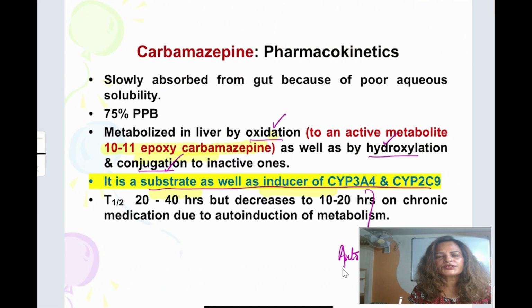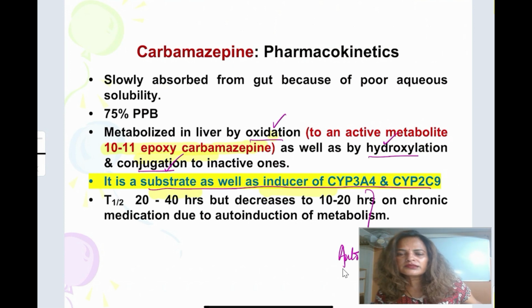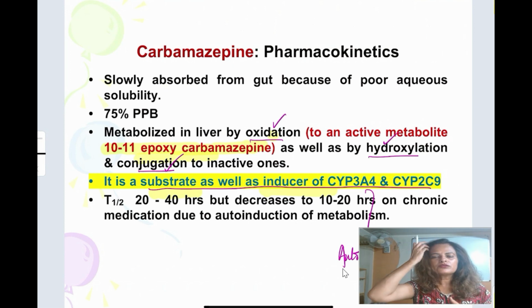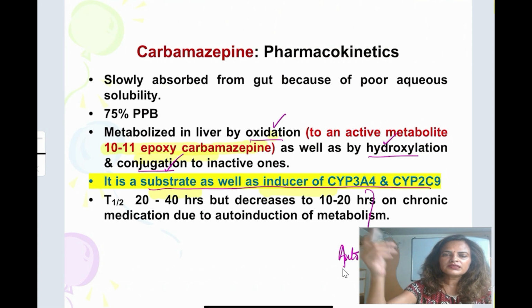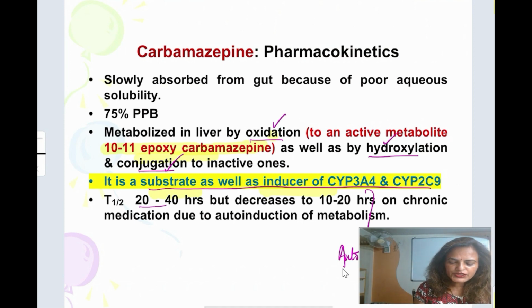So what will happen if you are going to give this drug? Initially you start with a low dose. Then gradually, because it is going to cause the metabolism of its own, you have to slowly increase the dose, because the metabolism of the drug itself is happening, so the level will decrease. The half life of 20 to 40 hours is going to decrease to 10 to 20 hours on chronic medication because of the auto induction.